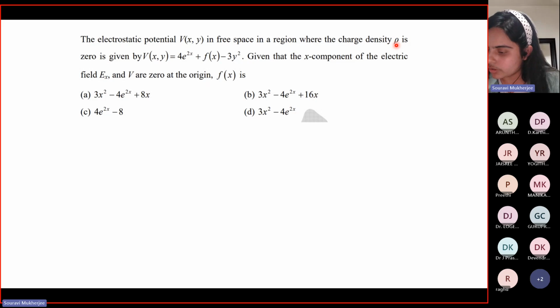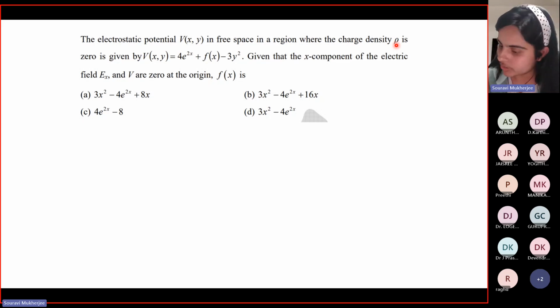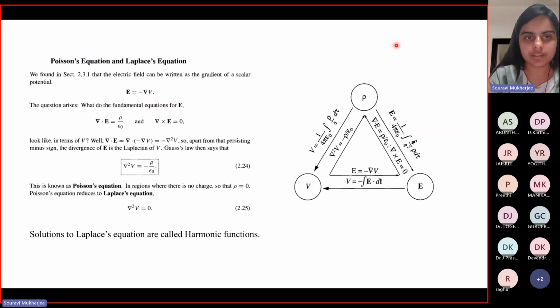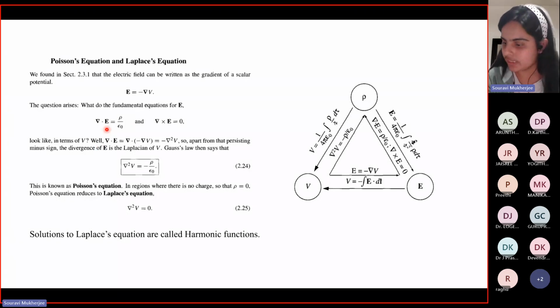There's one mistake here. See, it's divergence of E equal to rho by epsilon naught, right? E is equal to minus del V. So put the expression of E here.